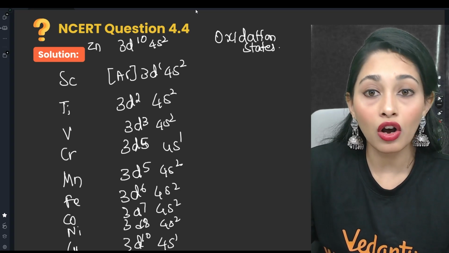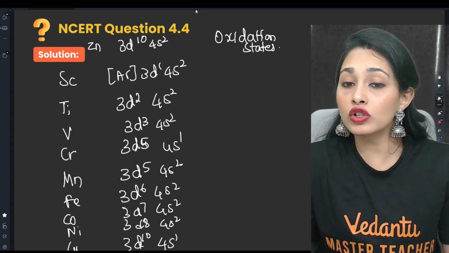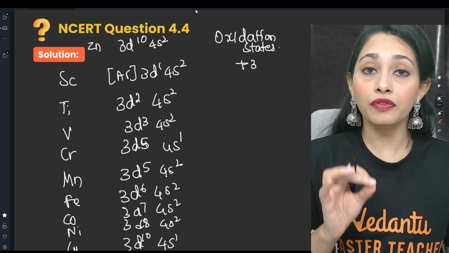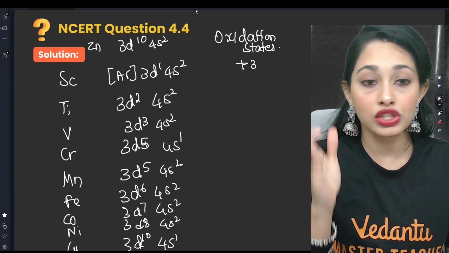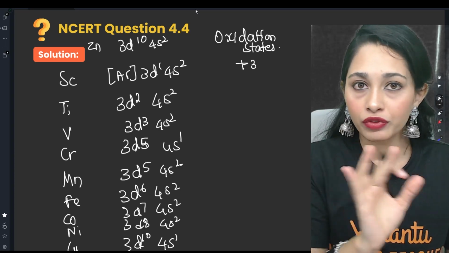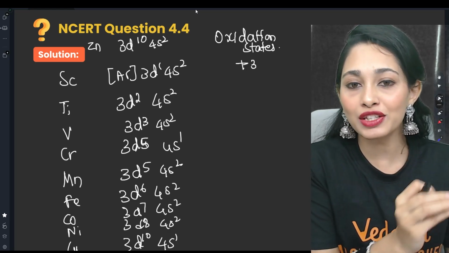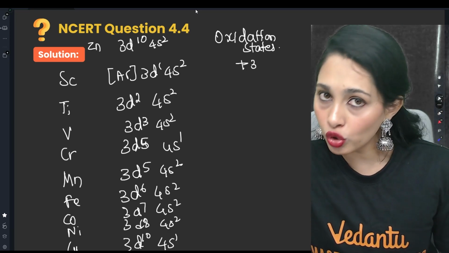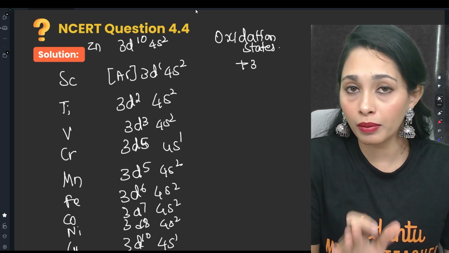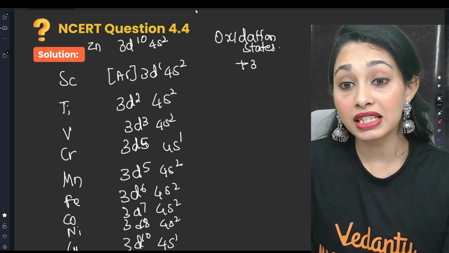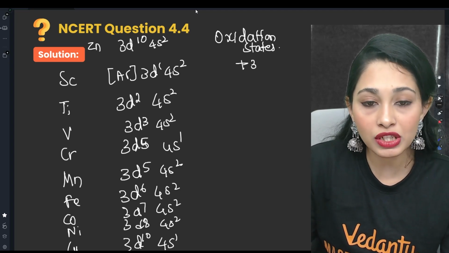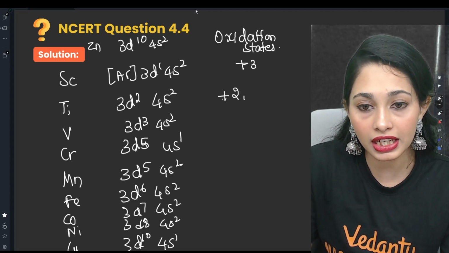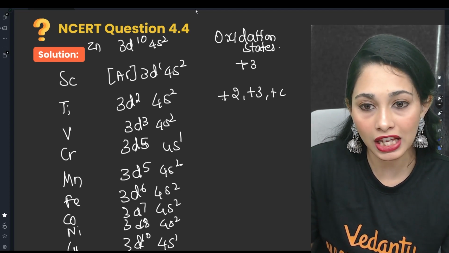So moving on with the oxidation state. Scandium shows +3 oxidation because if it loses all the 3 electrons, 2 from 4s and 1 from 3d, it is going to attain the nearest noble gas configuration, which is argon. So scandium is not going to show +2 oxidation state, rather +3. Titanium is going to show +2, +3 as well as +4.